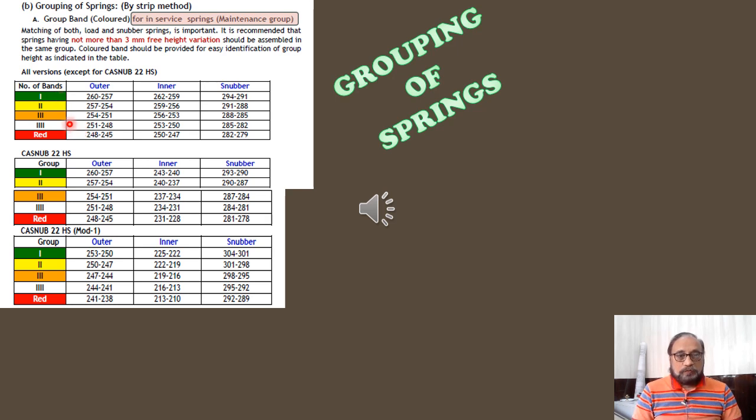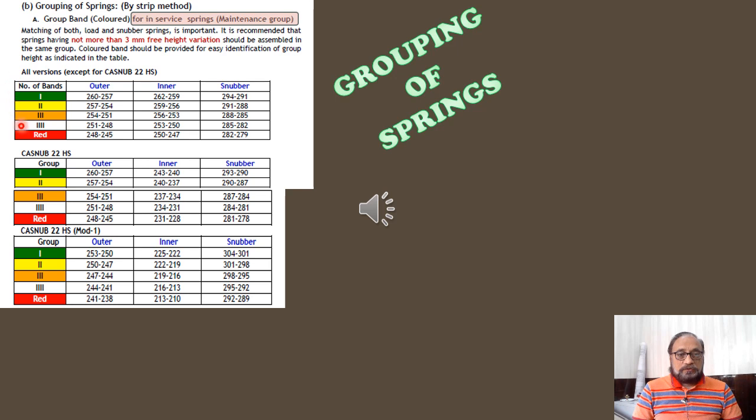Similarly, the springs which have a height variation ranging from 254 to 257 millimeter, they are given two band of yellow strip. And other springs which are having their height range within 251 to 254 mm, they are given a golden paint 3-strip marking like that way. It's for inner and it's for snubber also.